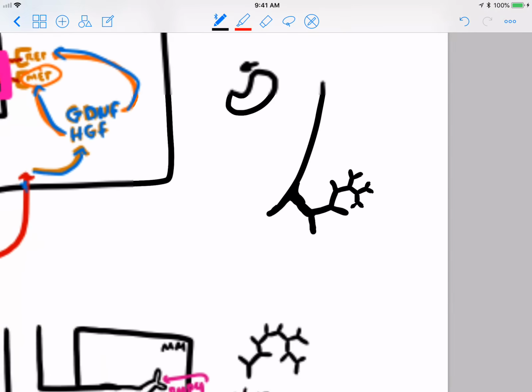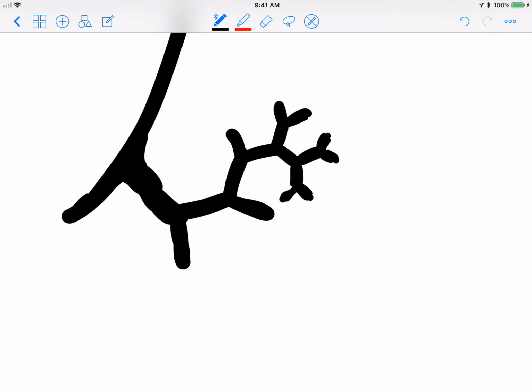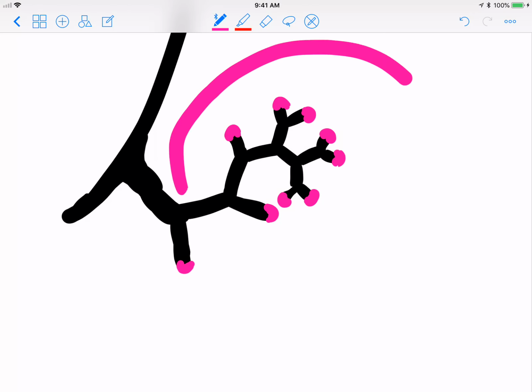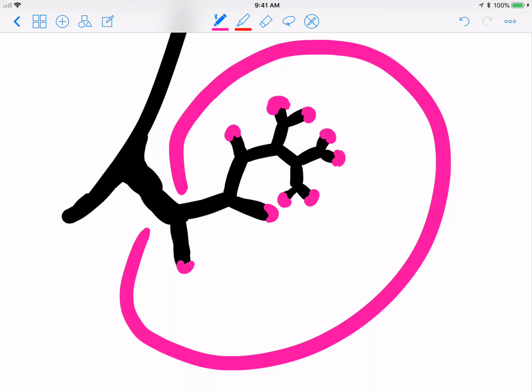But that doesn't explain how we get our tubules. Now remember, we talked about our tubules forming before, and that is because at the end of each of these, we have a little metanephric mesenchyme cap. And it makes sense because it's inserting into the metanephric mesenchyme. So this is like the little cap that's formed on here.